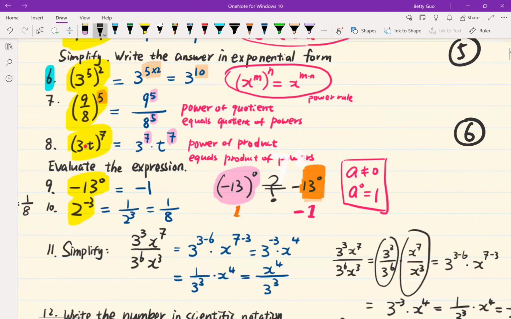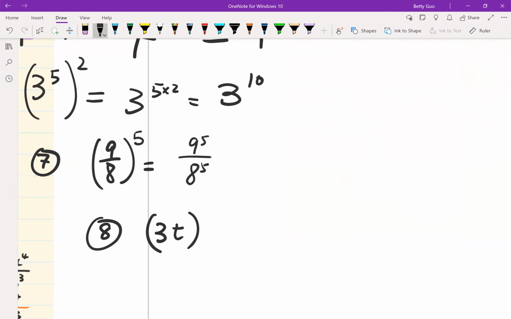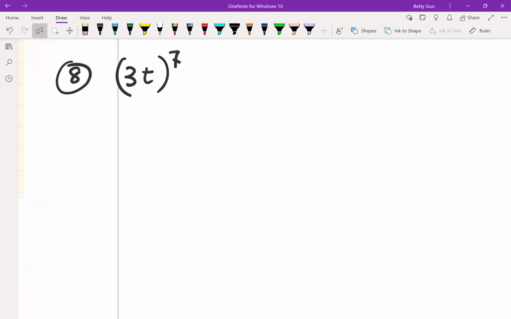Let's see number 8. Number 8 is 3t to the power 7. Simplify this expression. This expression obviously is exponentiation, right? What's the base? The base is the parentheses, 3t, right? And what's the structure of the base? 3 times t.